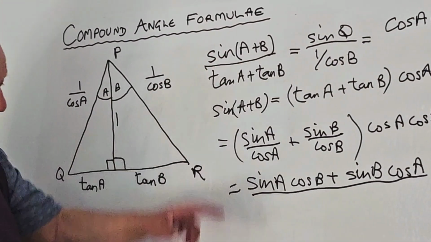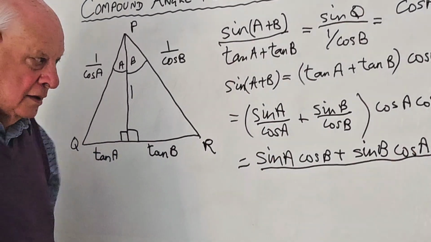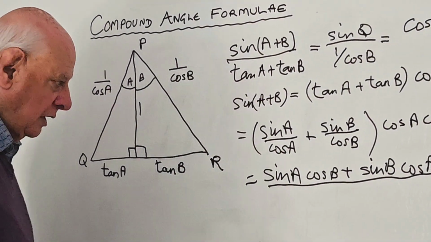So sine of A plus B equals sine A cos B plus sine B cos A.